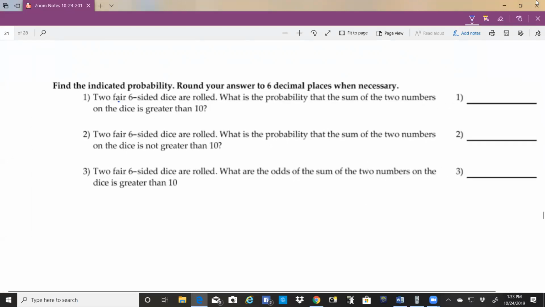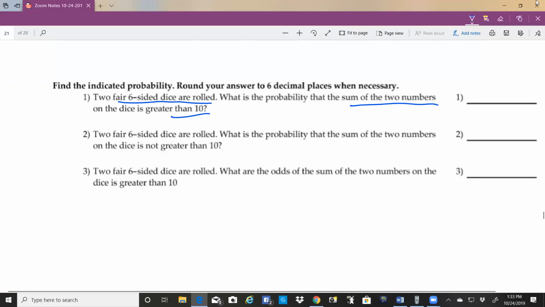We've got 2 fair six-sided dice. They're rolled. What's the probability that the sum of the 2 numbers on the dice is greater than 10? Well, I haven't written all this down yet, so I'm going to work this problem. You want the probability that you get a sum on the dice that's greater than 10.